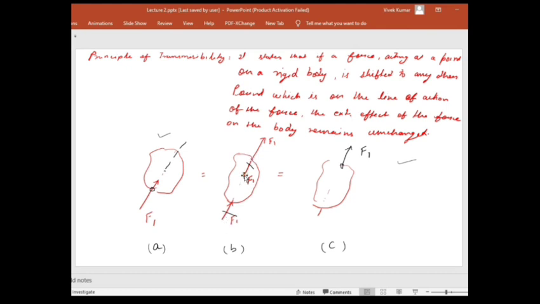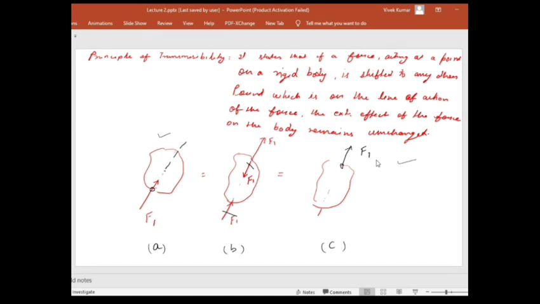Now, as this force and the force at the bottom, which are cut by a black line, दिख रहा है आपको ये black line? Yes, sir. इन दोनों forces को हम cancel कर सकते हैं because they are acting in the opposite direction. Okay, so we are left only with the upward force.